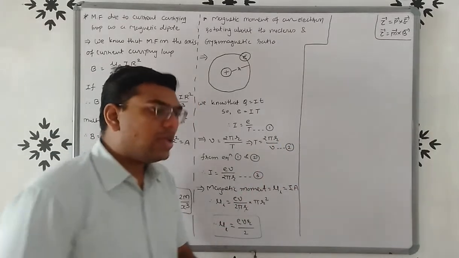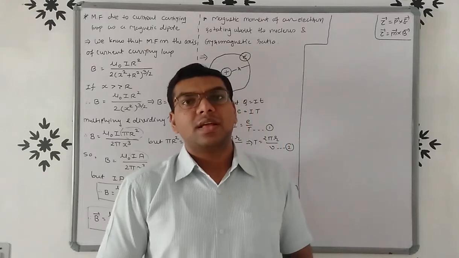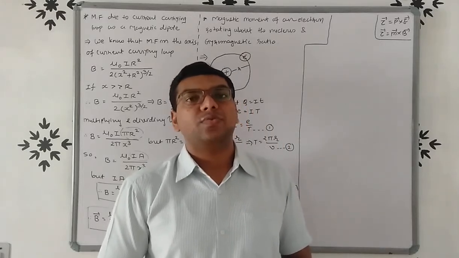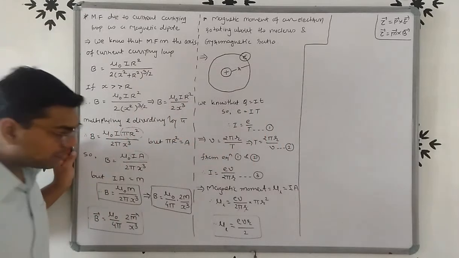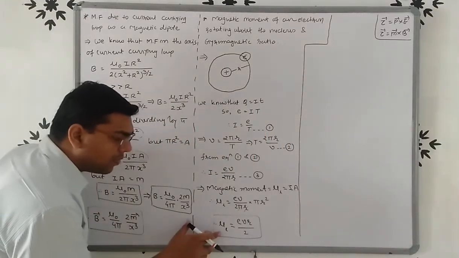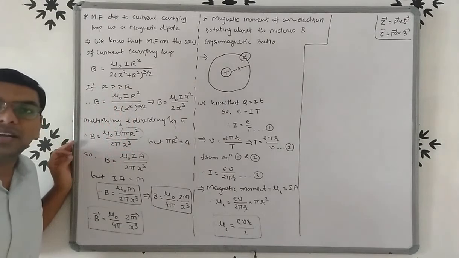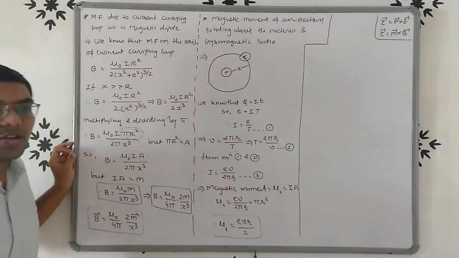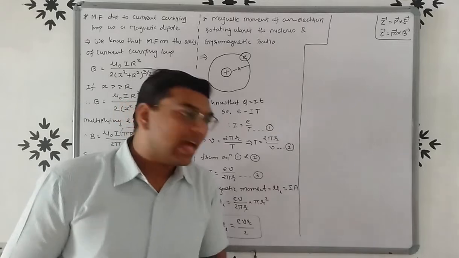And we know that angular momentum is equal to mvr. So if we want to write this equation in terms of angular momentum, we know that angular momentum is equal to mvr.